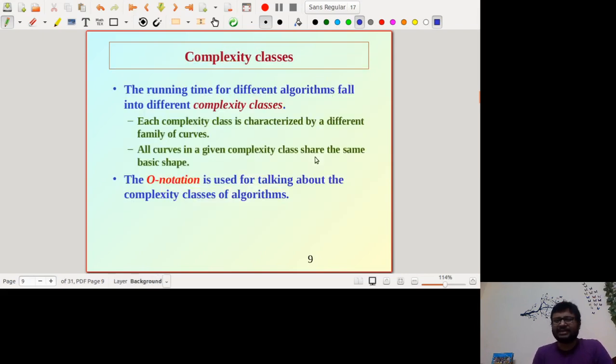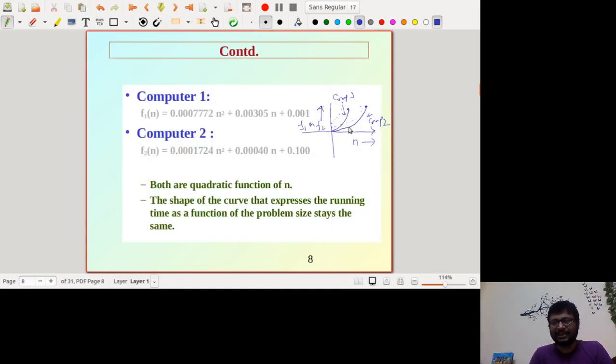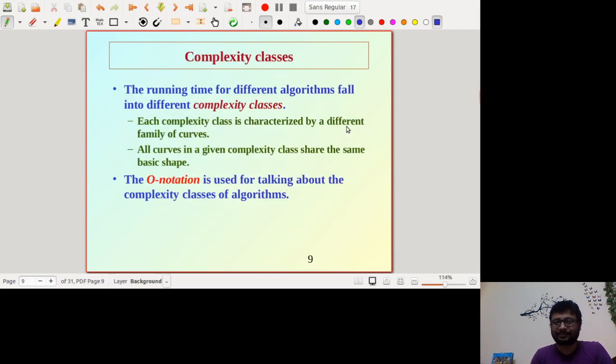So, complexity classes. The running times of different algorithms tend to fall into different complexity classes. Each complexity class is characterized by a different family of curves. Both these curves fall in the same family, the quadratically growing curves, parabolas. All curves in a given complexity class share the same basic shape.